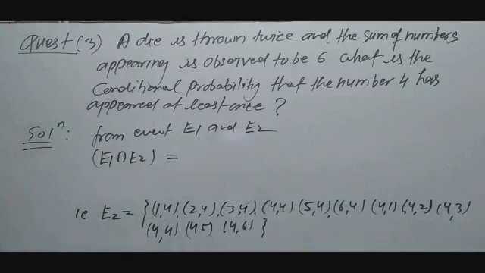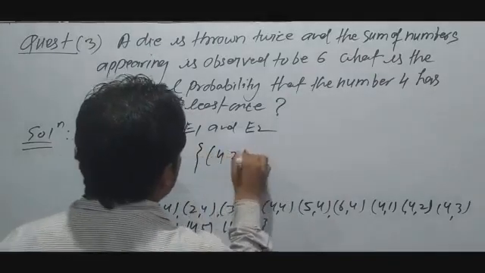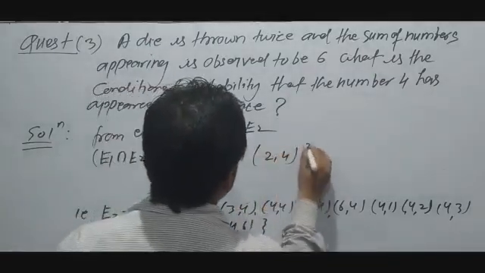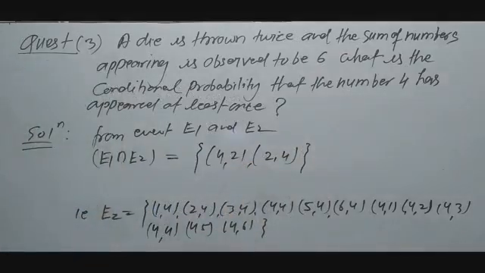Sum as 6 and 4 comes. So (4,2) and (2,4) are here. These are the 2 ordered pairs in E1 intersection E2. This is the intersection.